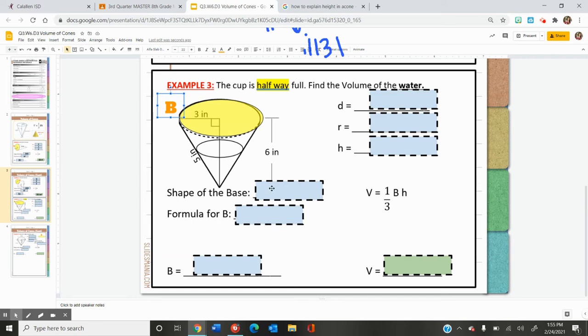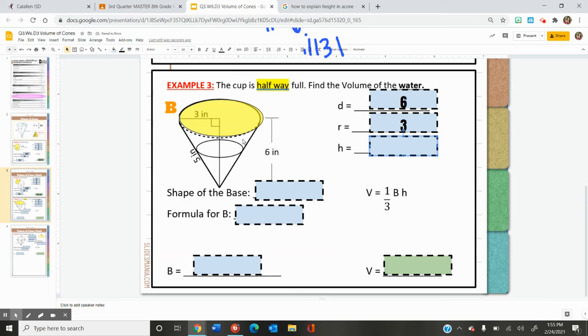Now, looking here, they give me my radius because it only goes halfway across my base shape. So here my radius is 3. Now to find my diameter, I'm just going to multiply my radius by 2. So to go all across this circle from edge to edge, it'll be 6 inches.